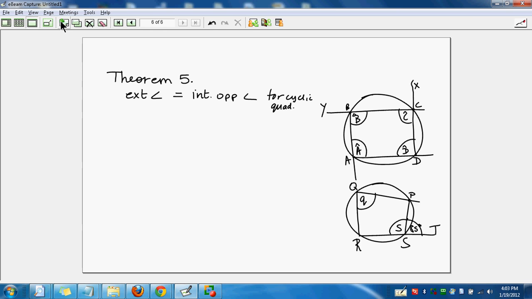Okay? So for a cyclic quadrilateral, the exterior angle is equal to the interior opposite angle.